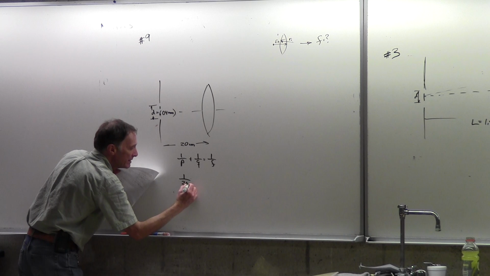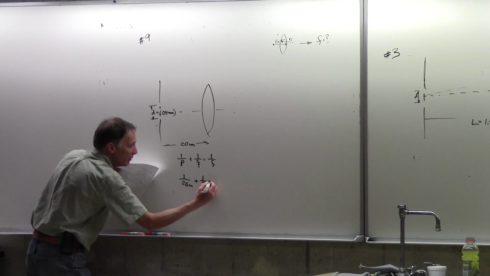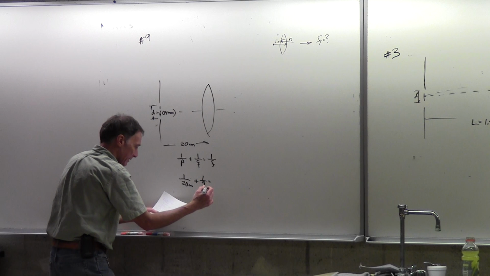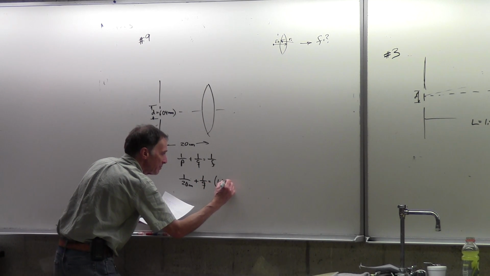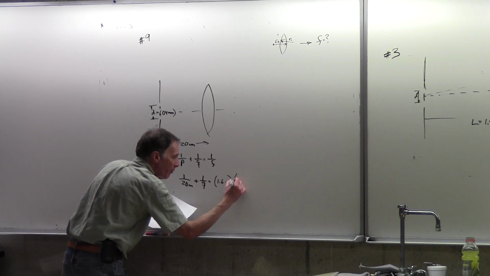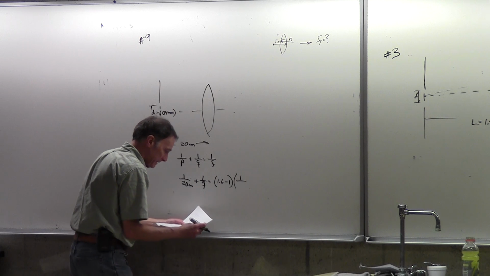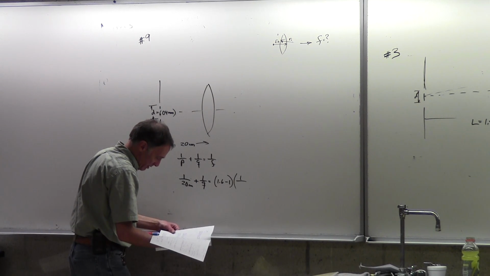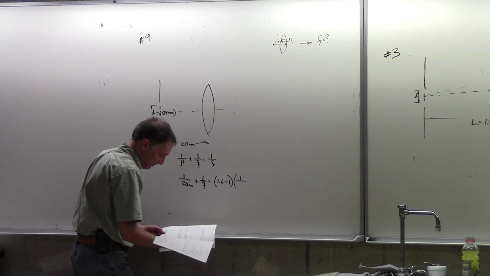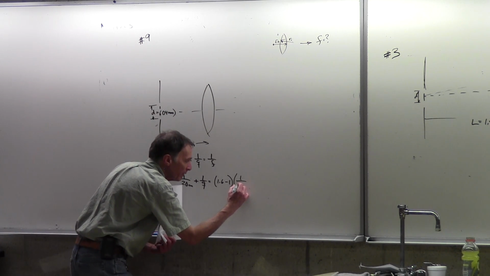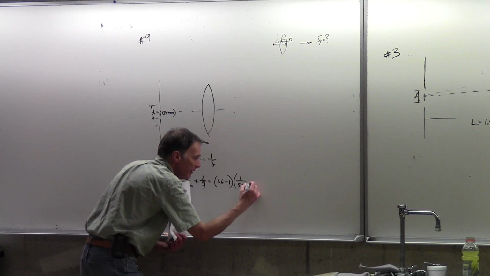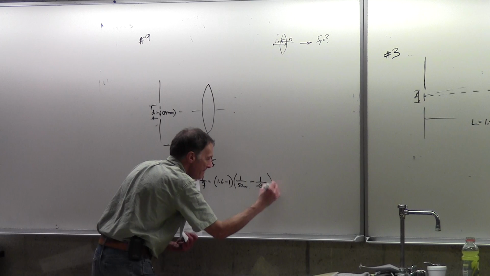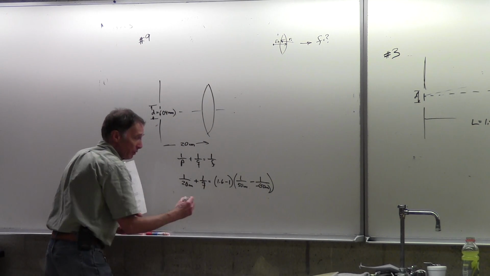It's going to be 1 over 20 centimeters plus 1 over Q is equal to 1 over F. And that 1 over F was, let me just put in the results of this: the index of refraction, 1.6 minus 1, times 1 over R1, each radii is 50 centimeters, so that's 1 over 50 centimeters minus 1 over minus 50 centimeters. And so from this, of course, we get our 1 over F.